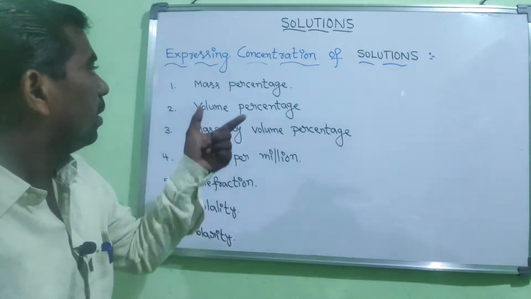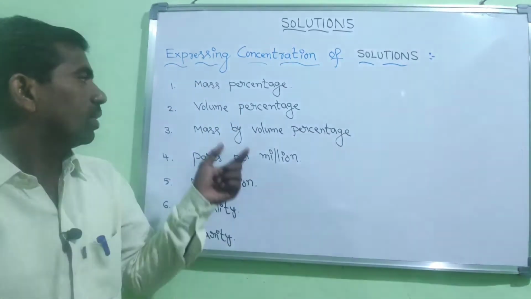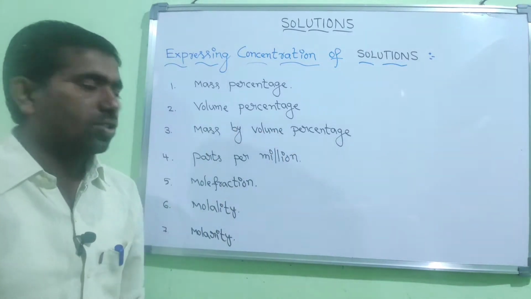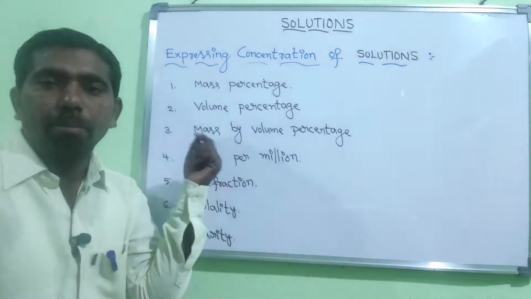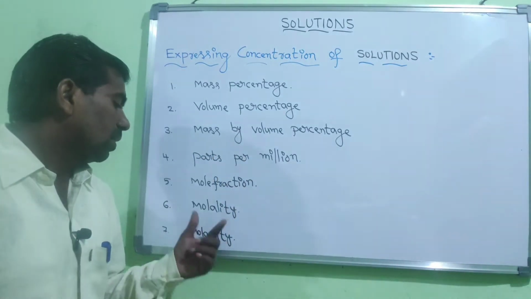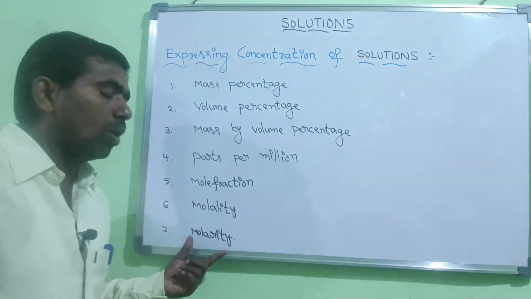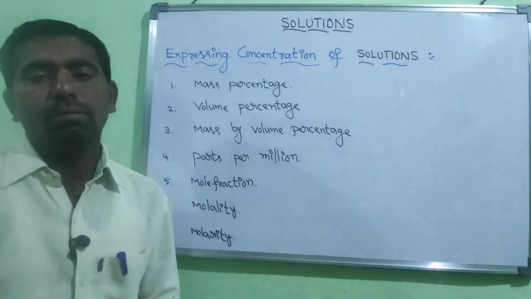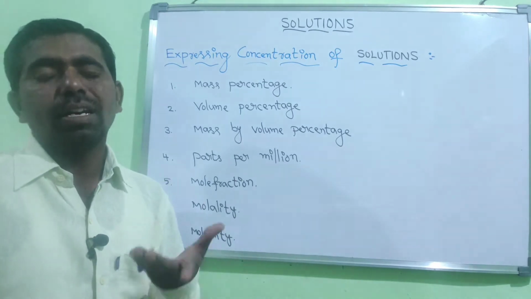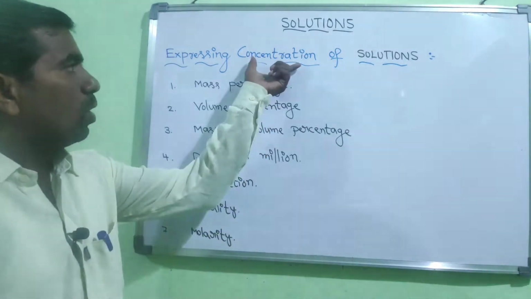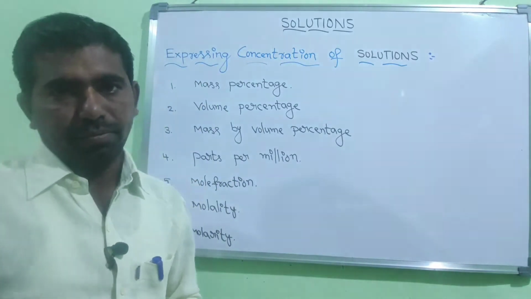They are the mass percentage, volume percentage, third one is mass by volume percentage, fourth one parts per million, ppm, mole fraction, molality, molarity. So these are some of the methods used to explain the concentration of the solution. So first, what does concentration mean?